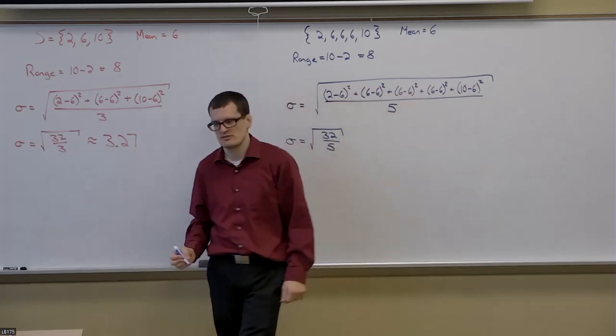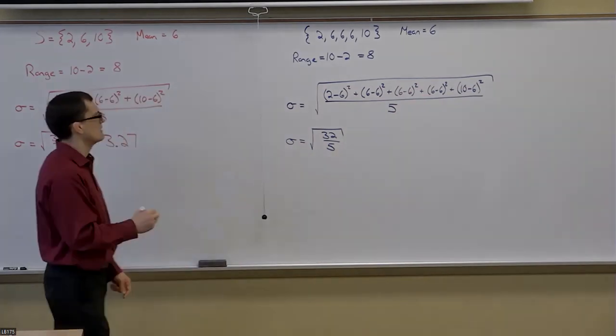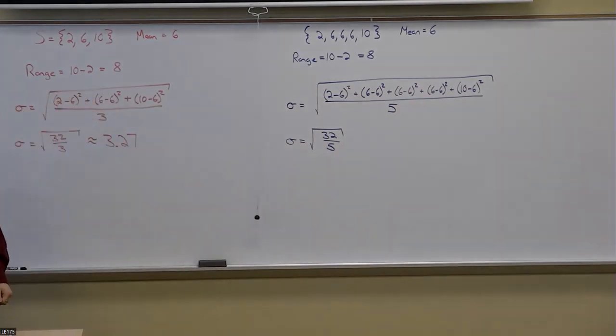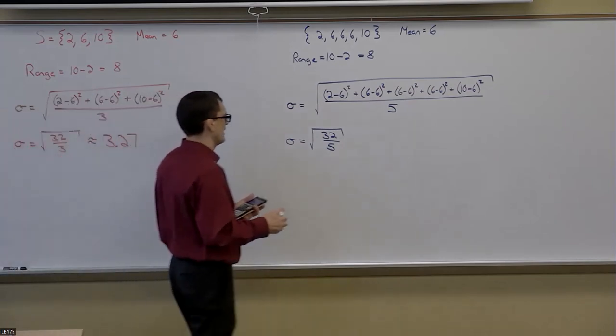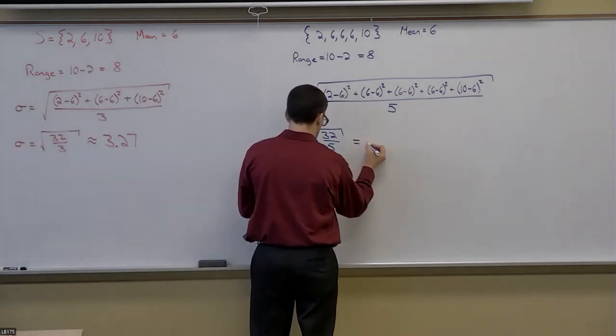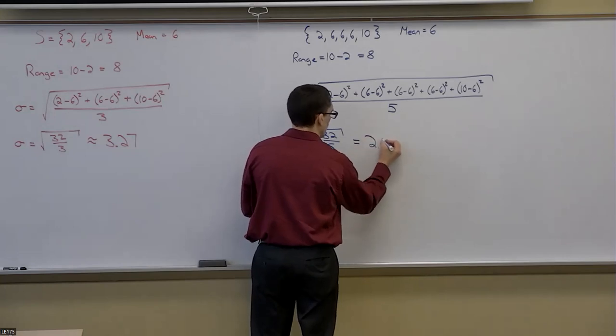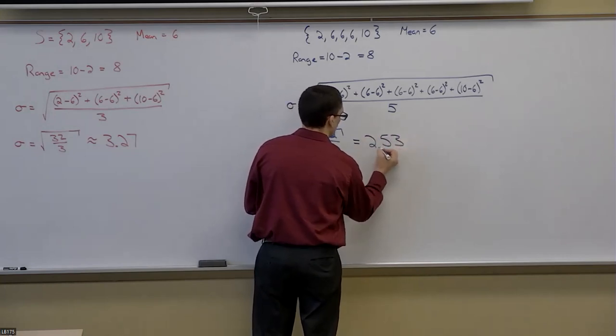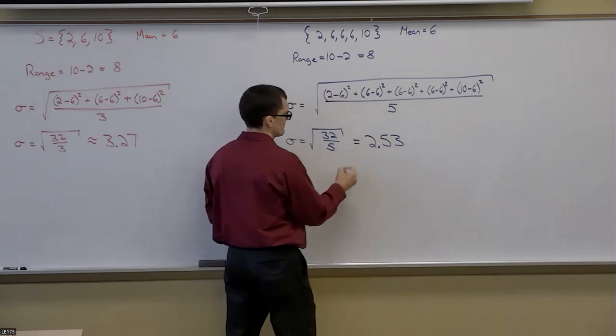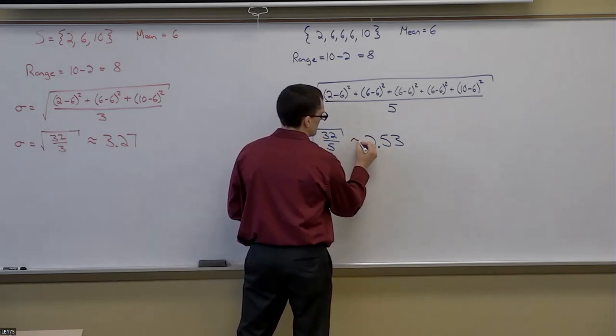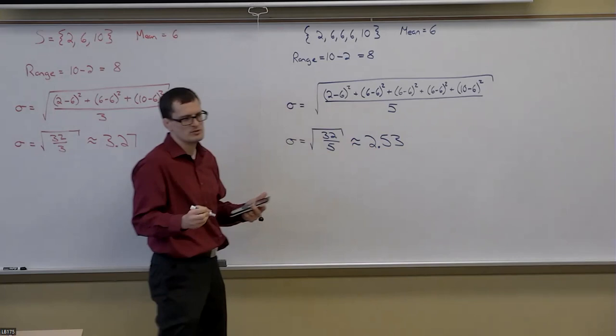And that becomes 32. 32 over 5 is underneath my square root. And when I type that into my calculator, I get 2.53, roughly. I'm rounding to 2 decimal places, which is what Moodle's going to ask you to do.